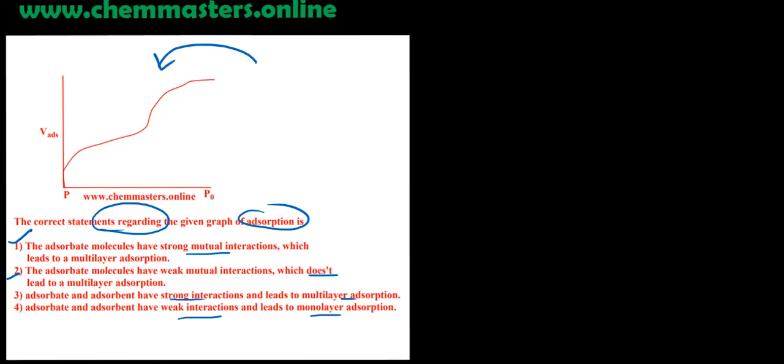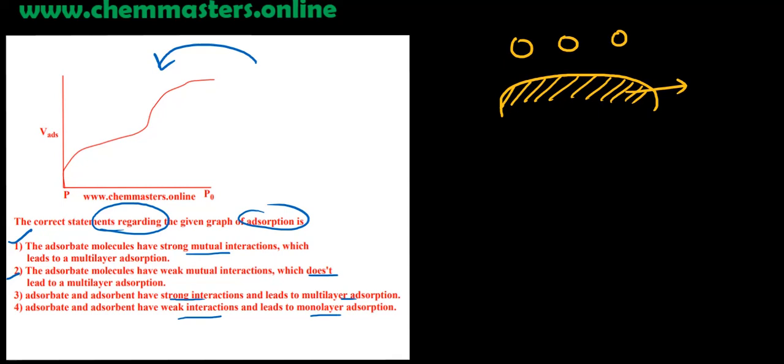Okay, so here, before analyzing each and every statement regarding the given graph, we need to know the basic terminology of adsorption. So here, just consider this is the surface of a substance, and here are the molecules which are going to adsorb on this surface.